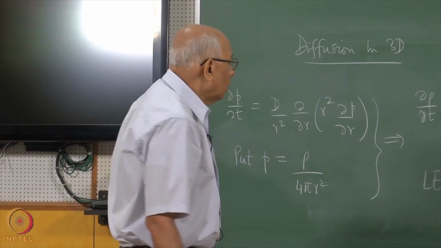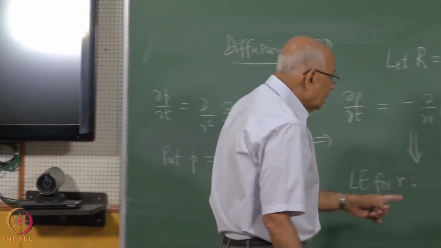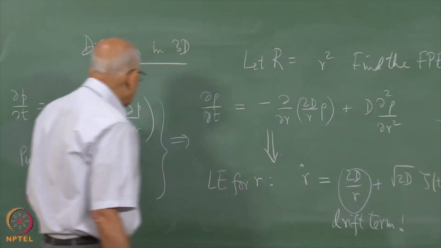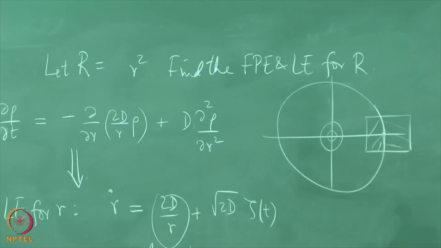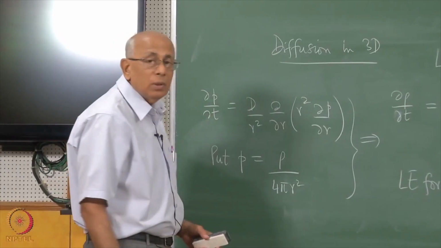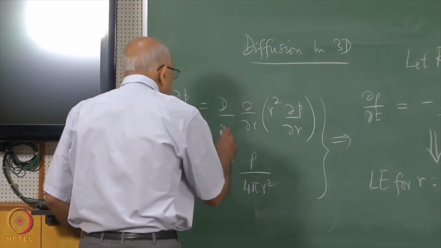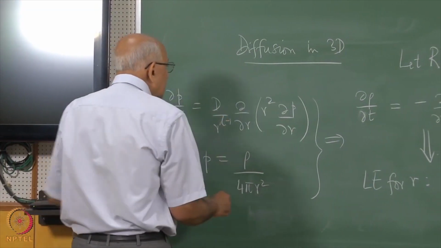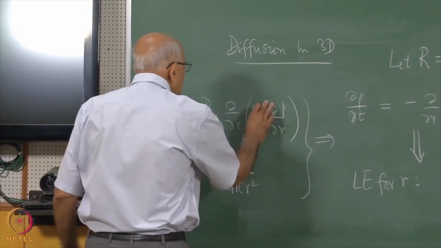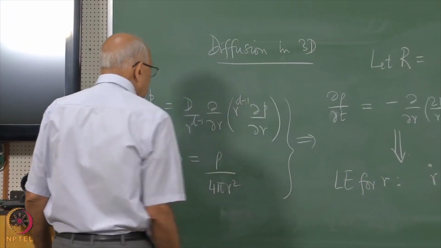Oh, by the way, this thing here is easily generalized to d dimensions. What would happen if you are in d spatial dimensions where little d is greater than or equal to 2? This becomes d minus 1, this becomes d minus 1 here.